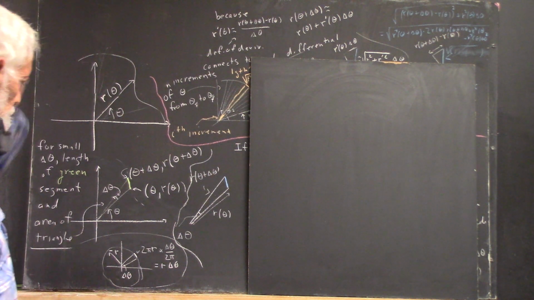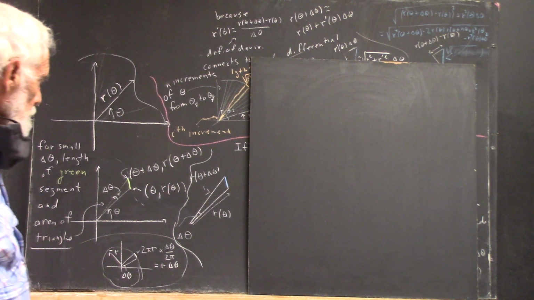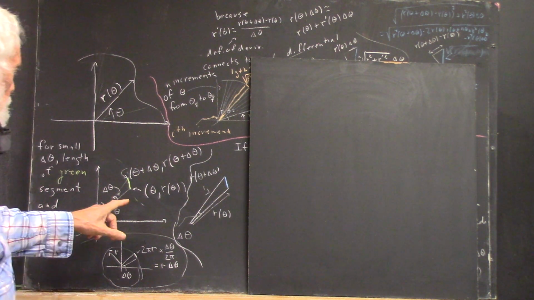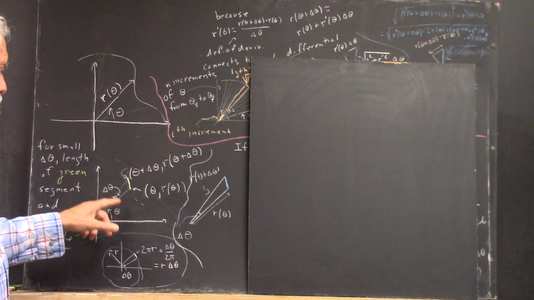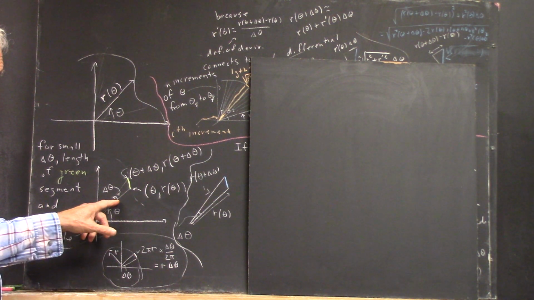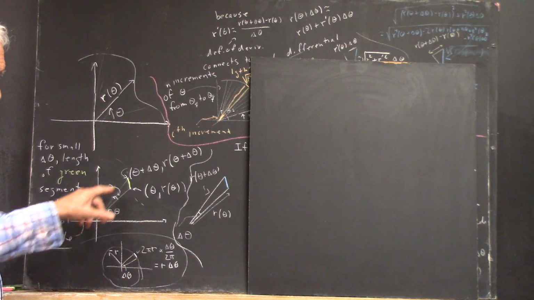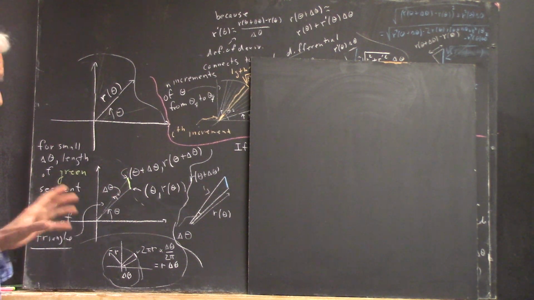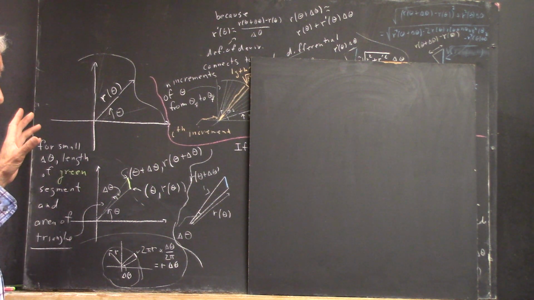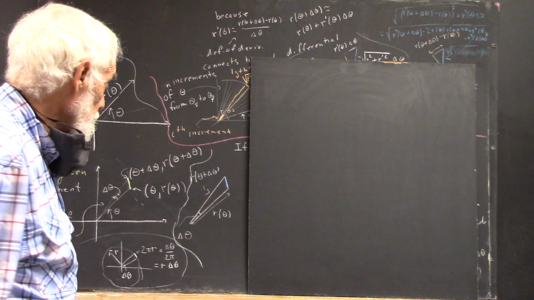Okay, so I'll observe, well, what are the legs of this triangle? What are these two legs of the triangle? Okay? What's the length of this leg and the length of this leg? You want to stop and think about that. But here's a copy of the triangle.